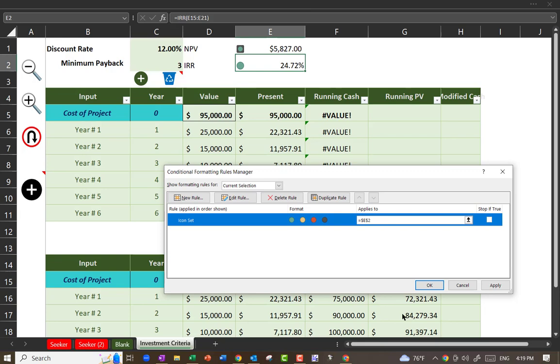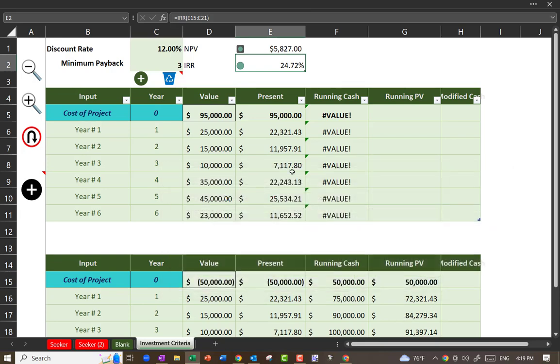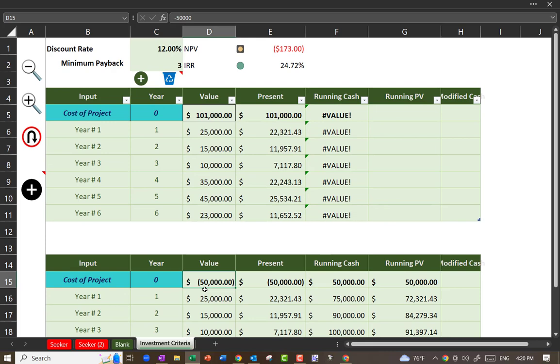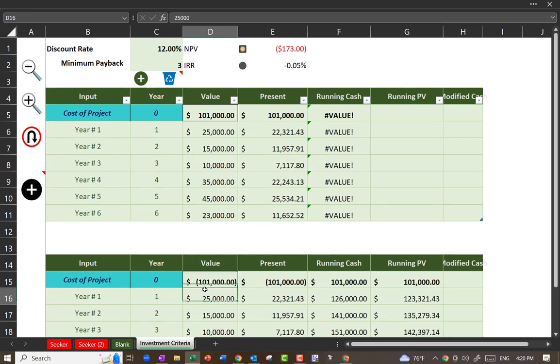Suppose... well, because I'm writing in the wrong place. See, it's black. That shouldn't be negative 0.05%.